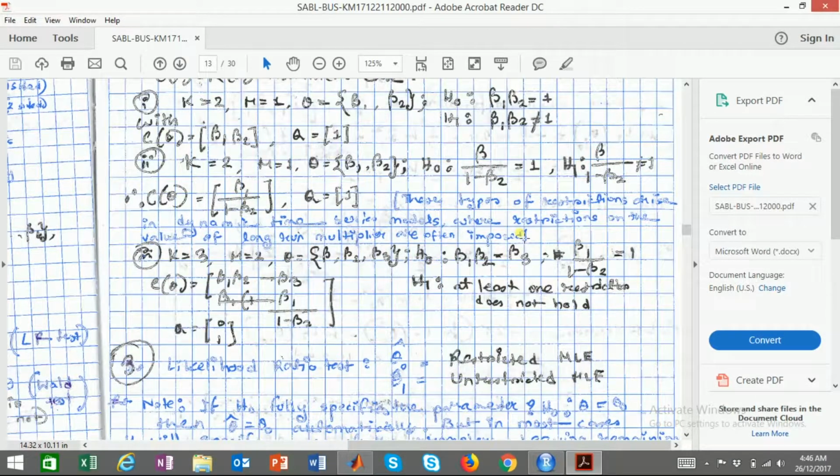In the case of 3 parameters, when there are two nonlinear hypotheses, you have 3 parameters, beta 1 times beta 2 equals beta 3, and the alternative is beta 1 divided by 1 minus beta 2 equals 1. What happens in C theta is simply, if we take everything on the left hand side, the alternative is that one of the restrictions does not hold, so the second equation remains the same.